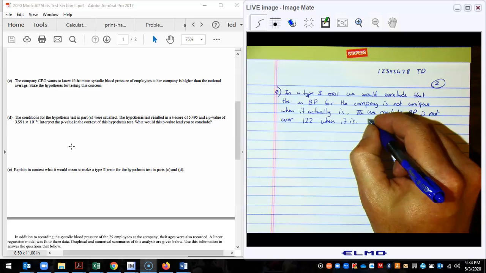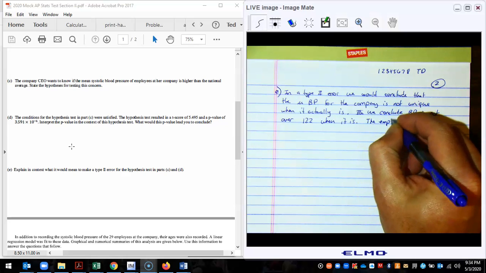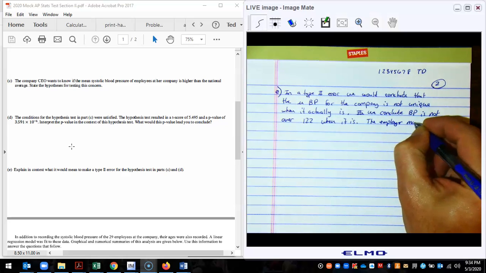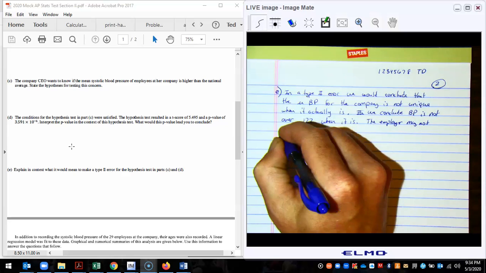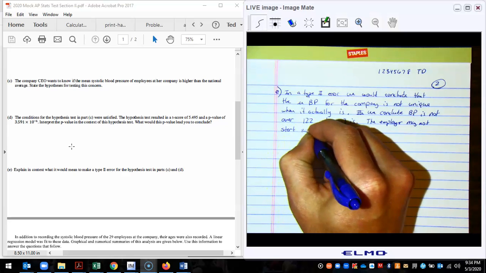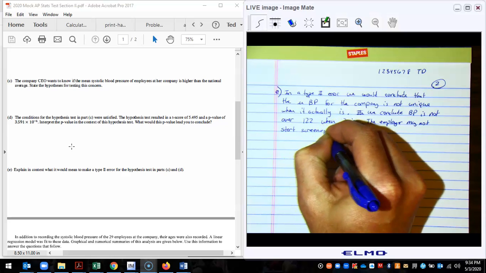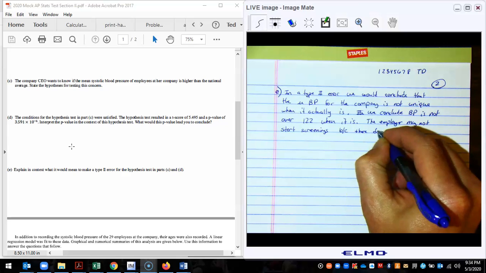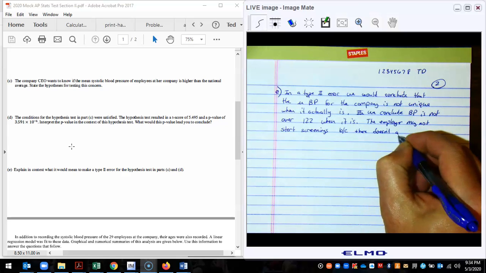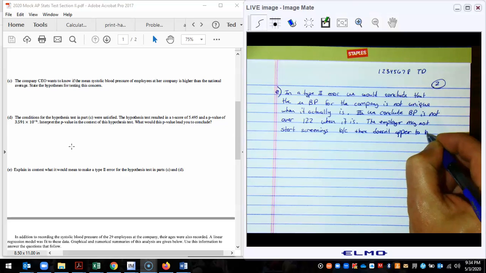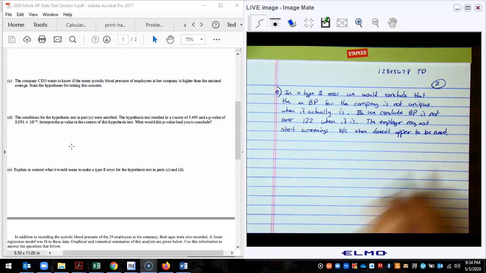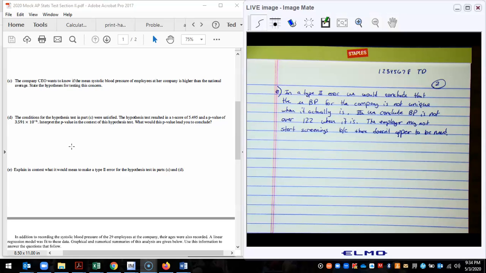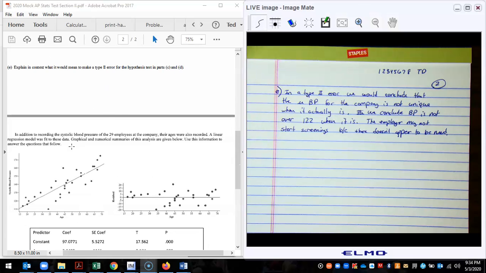So the employer may not start screenings because there doesn't appear to be a need. The problem actually had nothing about screenings in it, so that was probably me putting more into it. But that's where we were. Okay, scrolling on down.